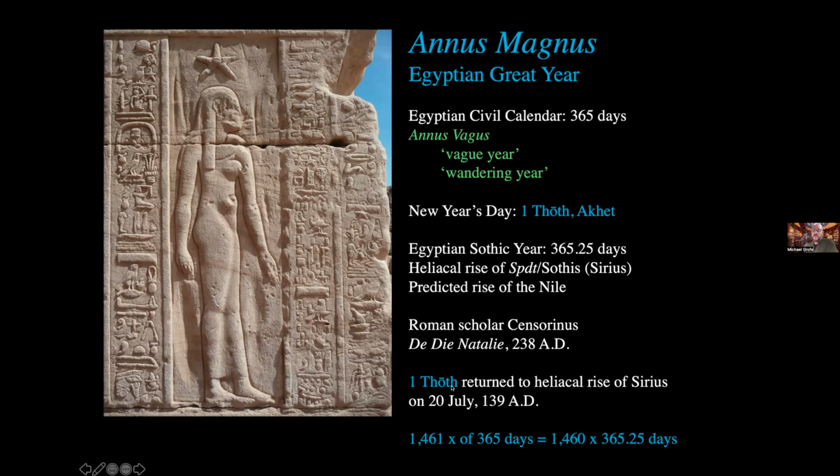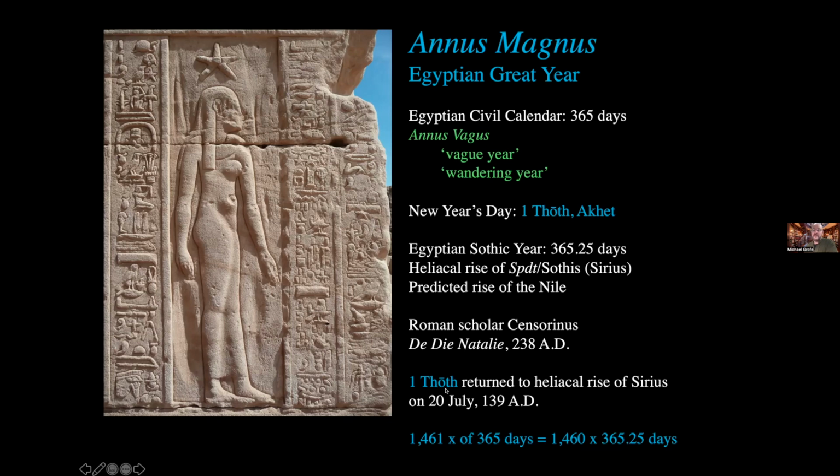So 1 Thoth would only return to the heliacal rising of Sirius, which was on July 20th in 139 AD, after a period of 1,461 of the 365-day civil years, which equals 1,460 of these Sothic years, or Julian years.